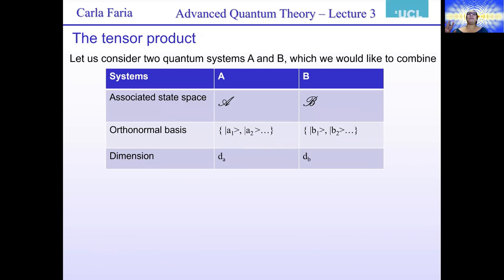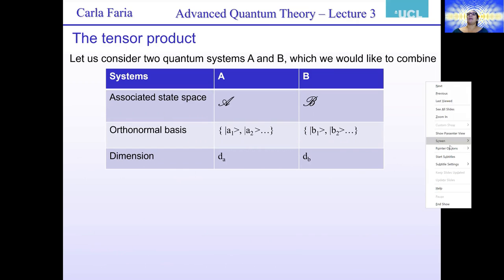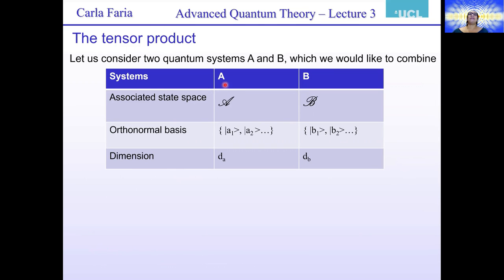So just to pose the problem, let's consider two quantum systems A and B. Here you have system A on this table and B. With them, there are two state spaces associated. This curly A here is associated with A, and this curly B here is associated with B. They are described by these orthonormal bases.